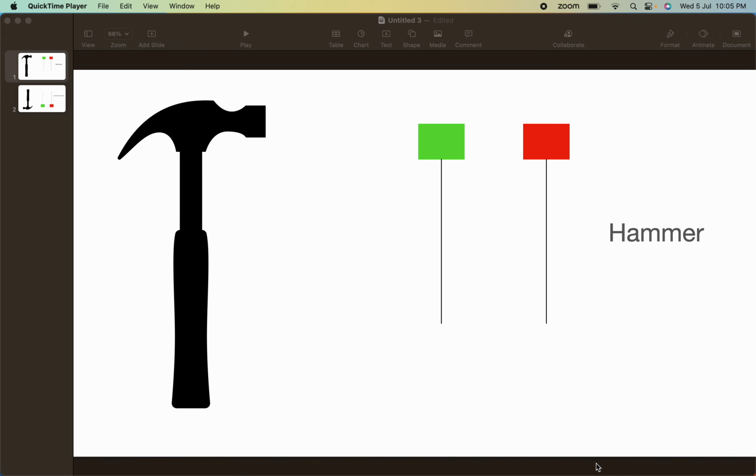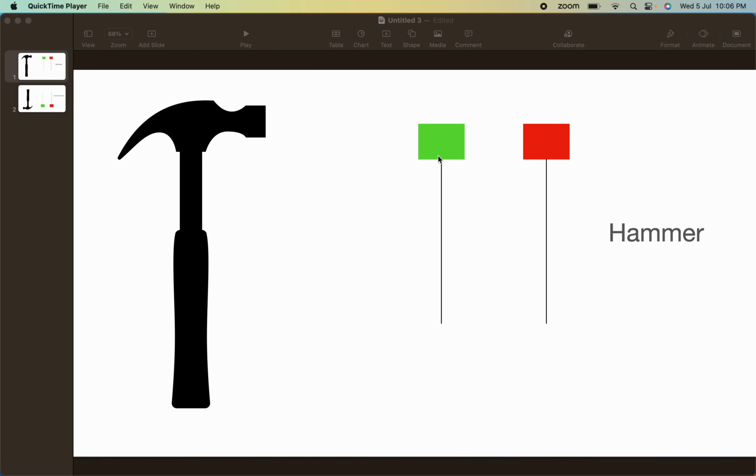Let us see. Firstly, this is the hammer. As the name suggests, a hammer has a small body with a long stick. Similarly, on the chart, you will notice there are some candles where the body is very small, irrespective of the color. The body can be green or red.